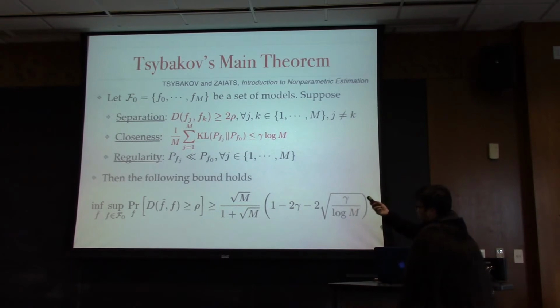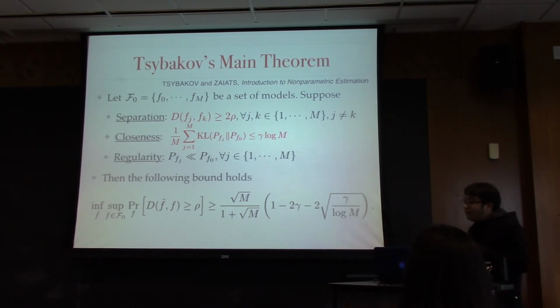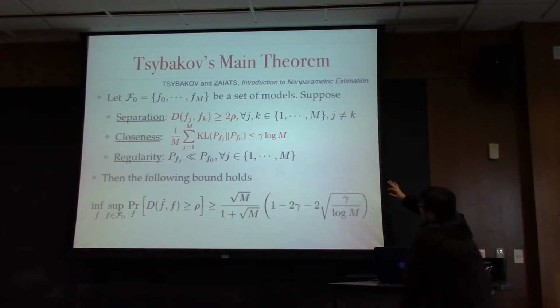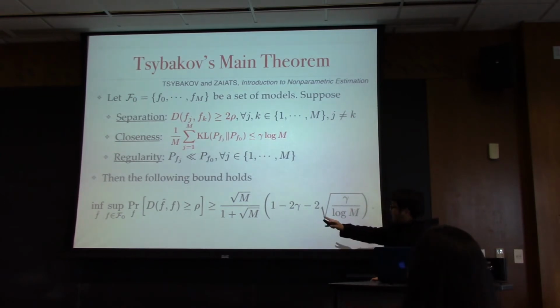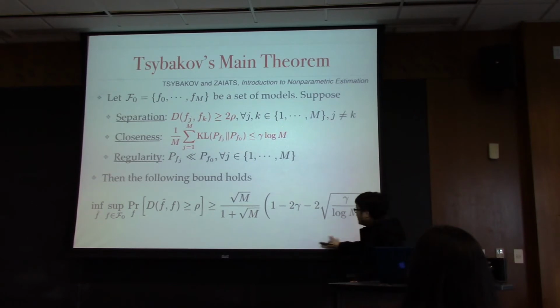And the third is a regularity condition, which says that basically all distributions should have the same support. If I can construct adversarial examples that satisfy these three conditions simultaneously, I have the result that the best estimate f hat still cannot do very well: the distance is with high probability larger than rho, and the probability is guaranteed in this form.